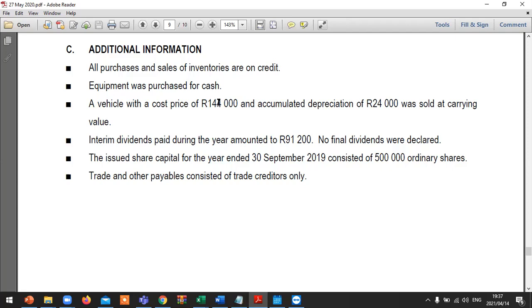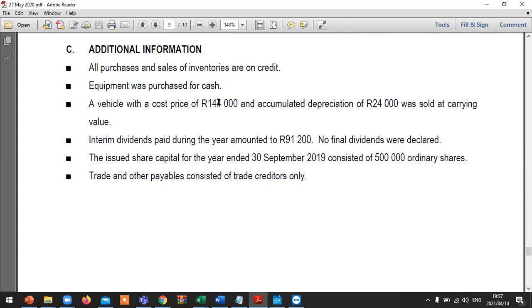Now, coming to your question, you see the difference is what? The accumulated depreciation and depreciation. These are two different accounts. So when you see the depreciation in the statement of comprehensive income, you should know that that is the depreciation for all assets, for all non-current assets, for all fixed assets.